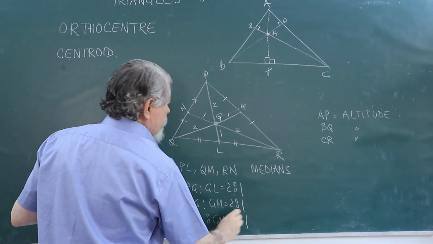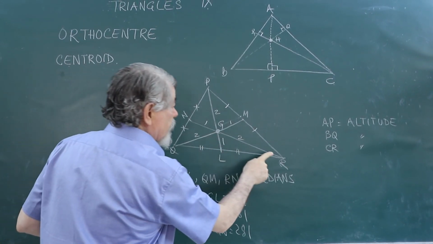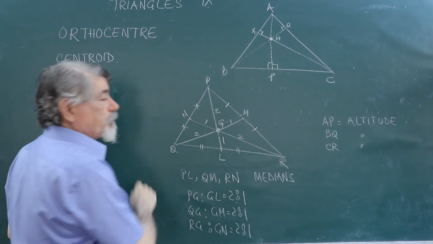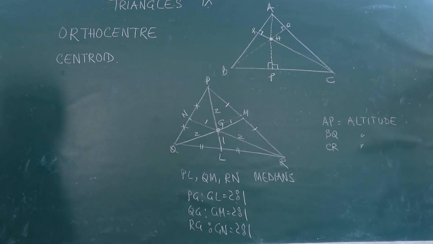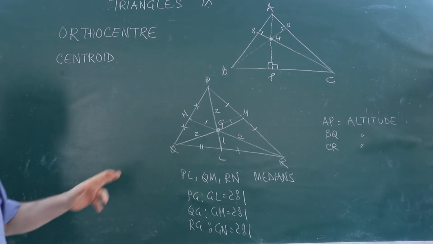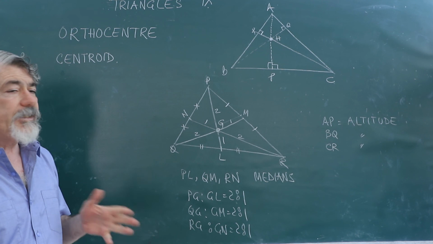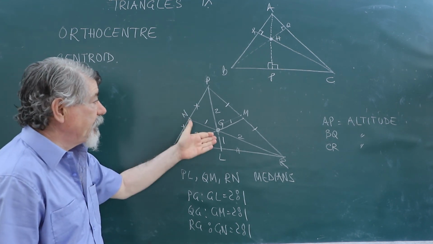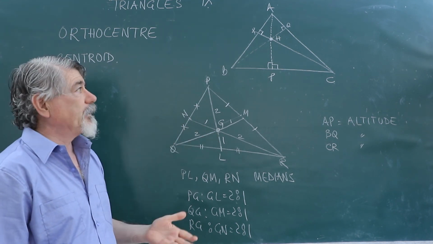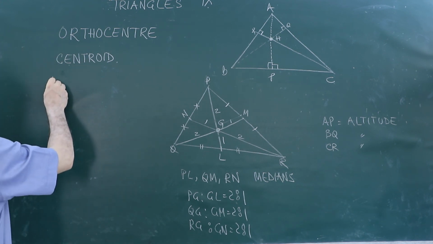The side towards the vertex is larger. Side towards the base is smaller. So the medians are concurrent at centroid, and centroid divides the median in the ratio of 2:1. This is a very important thing which you will be coming across all the time. Centroid. Then incenter.